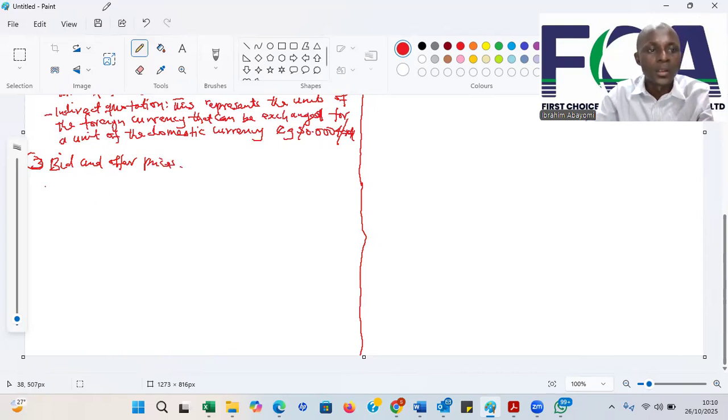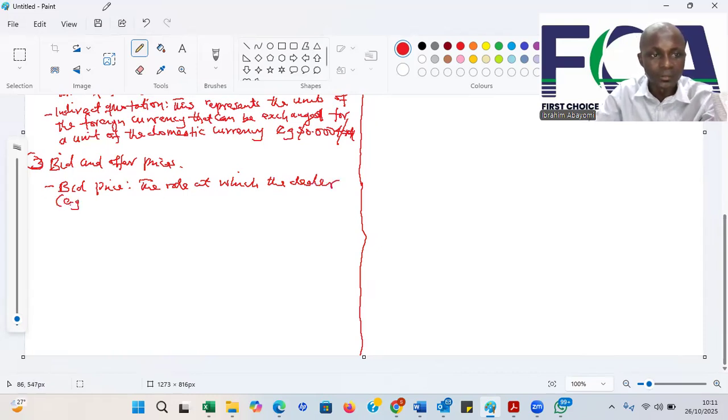The bid price is the rate at which the dealer, here maybe a bank, is willing to buy the currency.